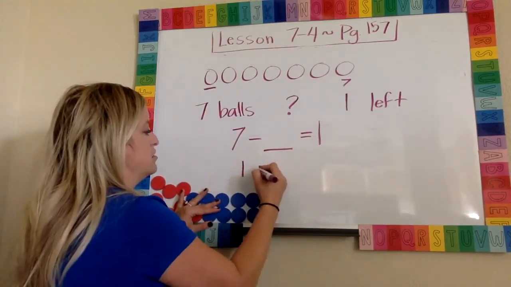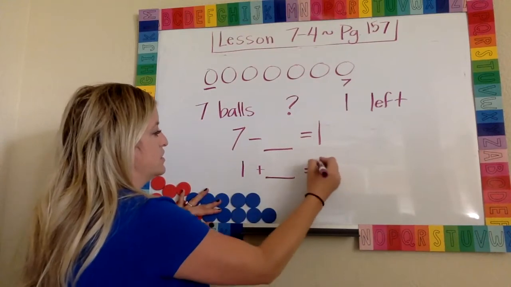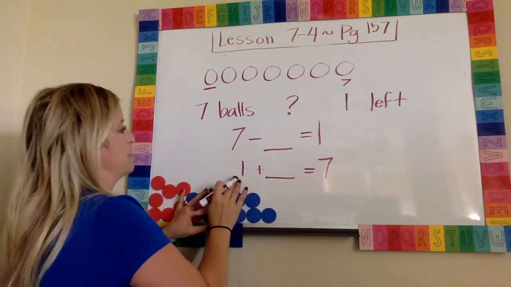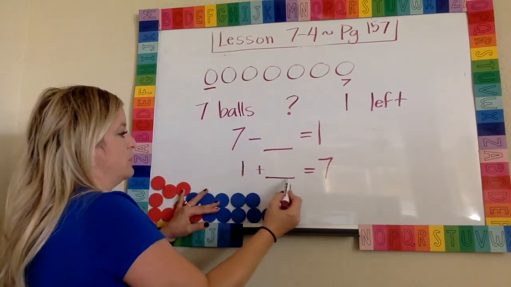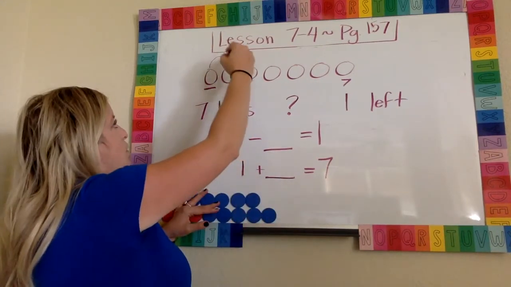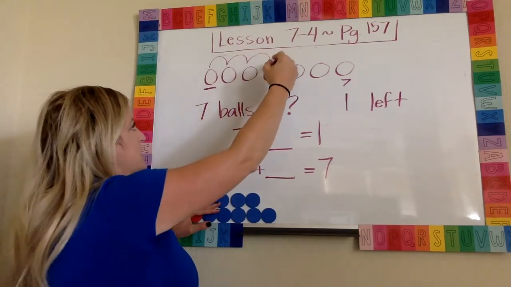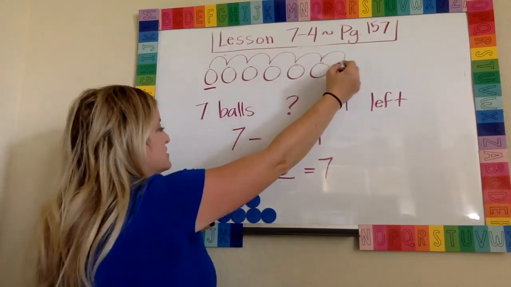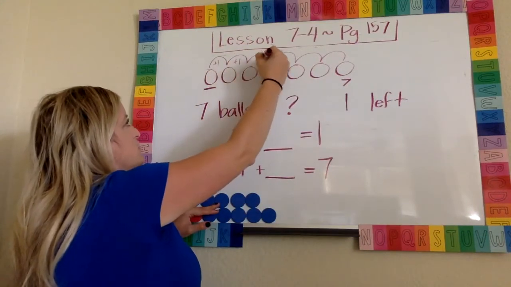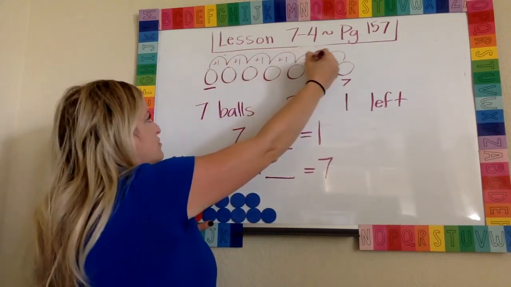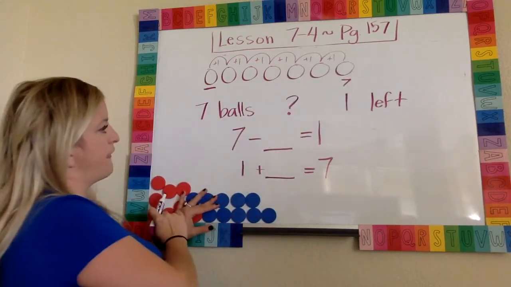So it would be 1 plus, I don't know, gets me to 7. That's what I'm about to do right now. So we're going to jump how many spots? I don't know until I get to 7. Here I go. 1, 2, 3, 4, 5, 6. So each one of these would be labeled plus 1, plus 1, plus 1, plus 1, plus 1.